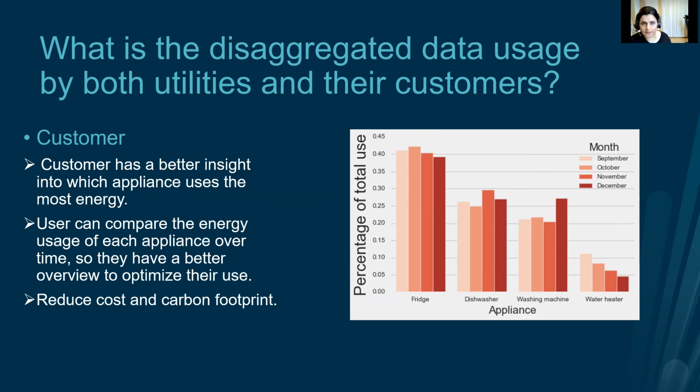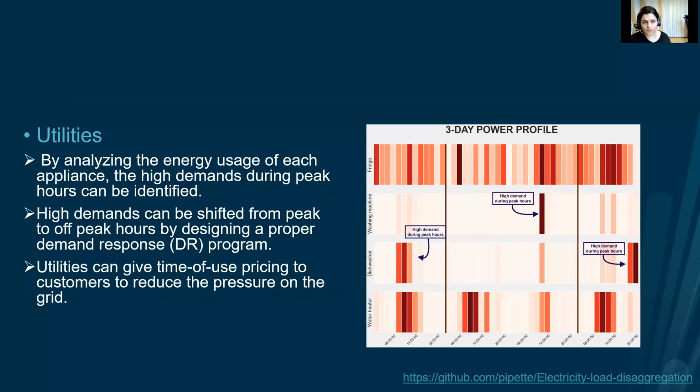And the disaggregated data usage for utilities is by analyzing the energy usage of each appliance, the high demand during peak hours can be identified. For example, in this figure, we can see the high demand during peak hours of 4 different appliances.